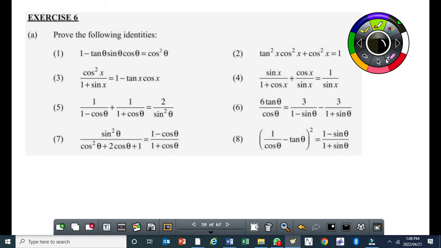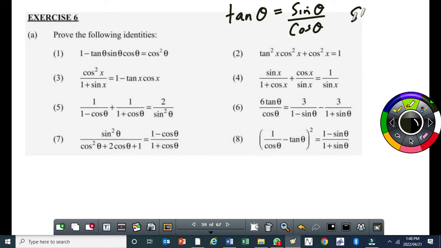Behind groups of identities is to use the two fundamental identities that I introduced yesterday. All right? The two fundamental identities: tan theta is equal to sine theta over cosine theta. Also, sine squared theta plus cos squared theta is equal to 1.